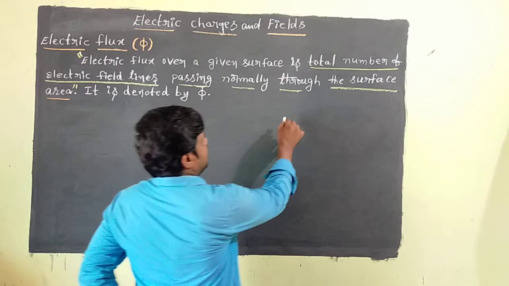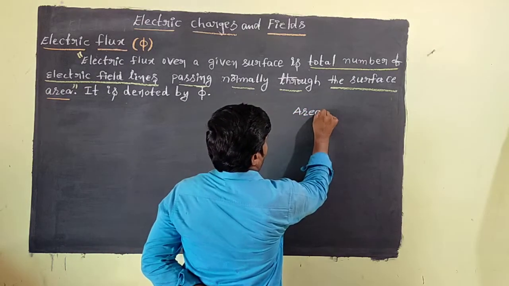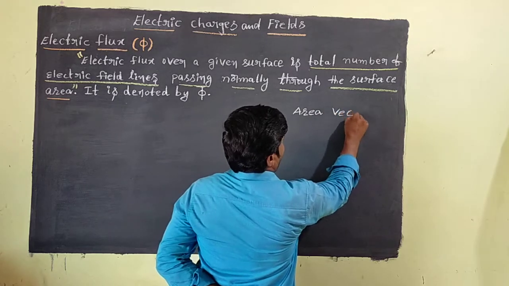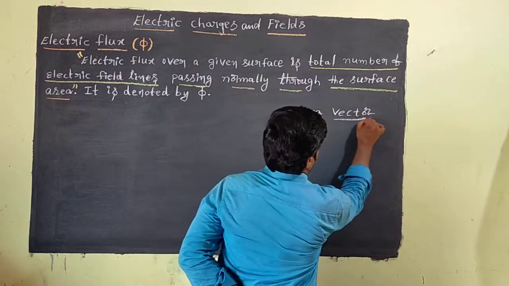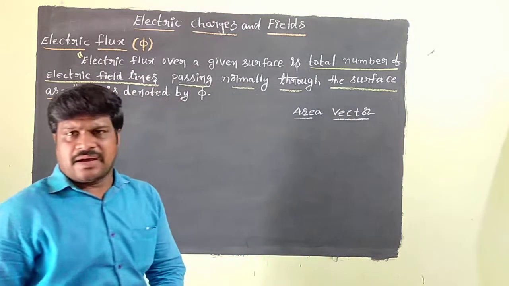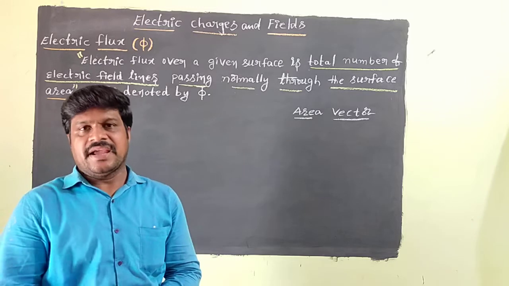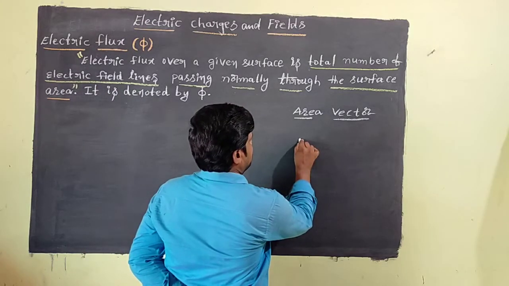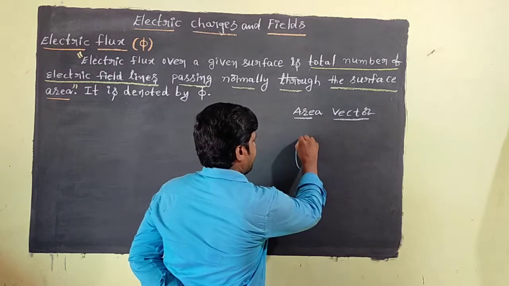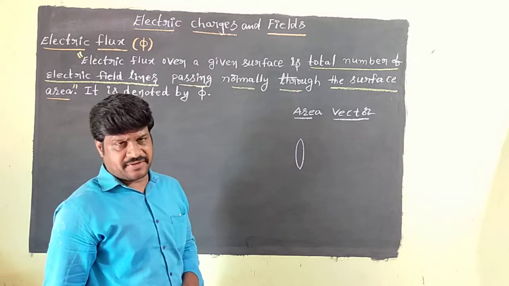Now let me see, what is the area vector direction? If you take any surface of a body, what type of direction does its area vector have? For example, I am going to take one area of cross section, and here another area of cross section.